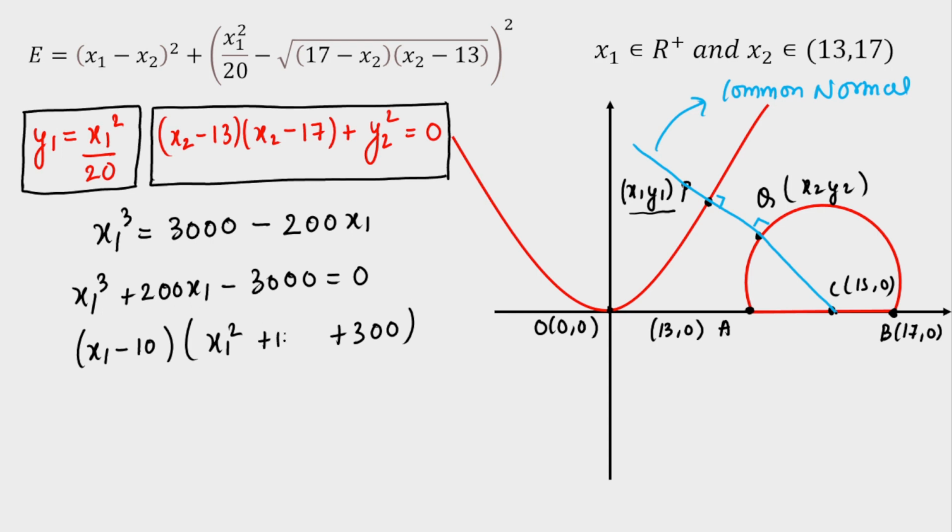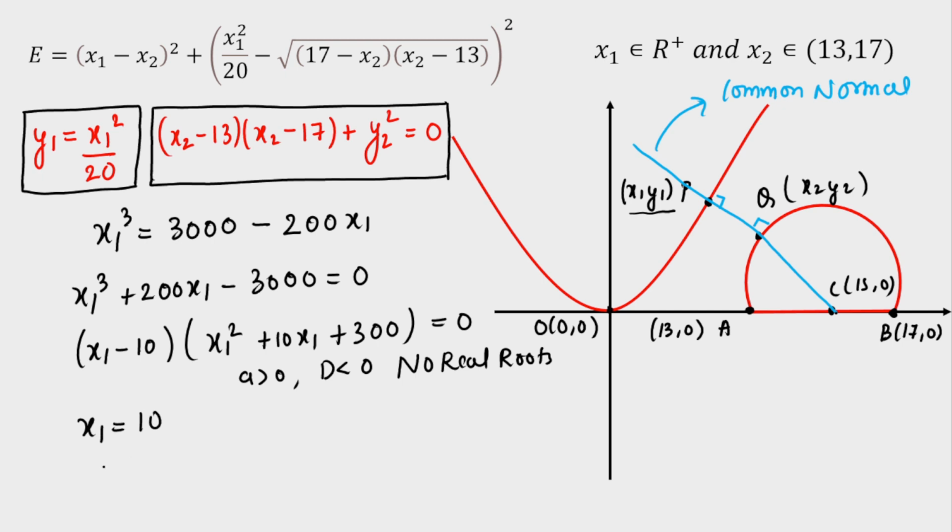If you take 10 x1 here and multiply and check, you will get 200 x1, so this is satisfying. Now one of the trivial roots is 10. Let's find the roots of this quadratic. Here a is greater than 0, and if you calculate the discriminant, you will get it less than 0. That means D less than 0 means no real roots. That means only one solution exists here, and that is x1 is equal to 10.